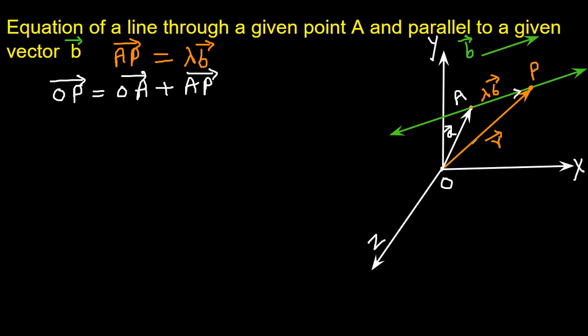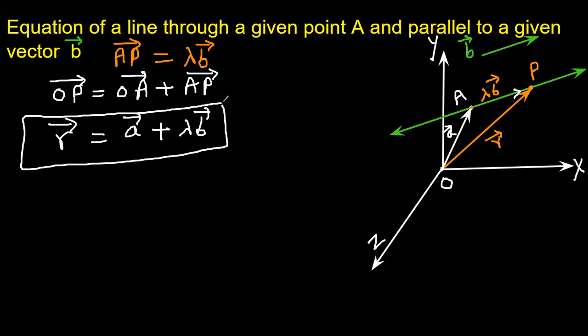OA plus AP is OP. And OP can be represented by small r vector is equal to OA is a small a vector plus lambda time b. So this would be your vector equation of a line passing through a point and parallel to a given vector b. It's passing through this point and parallel to vector b.